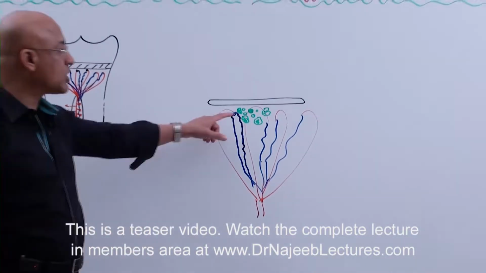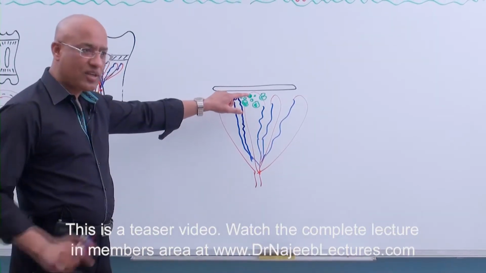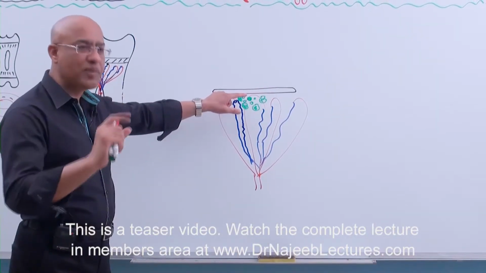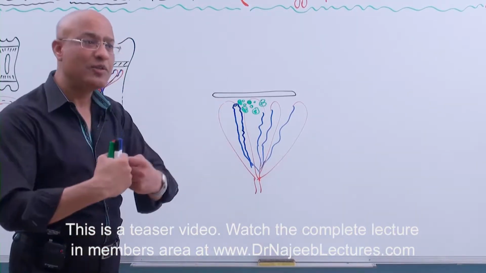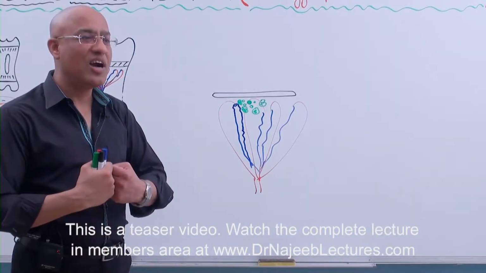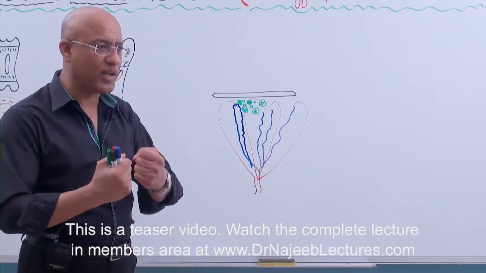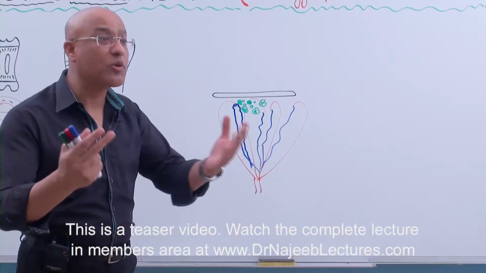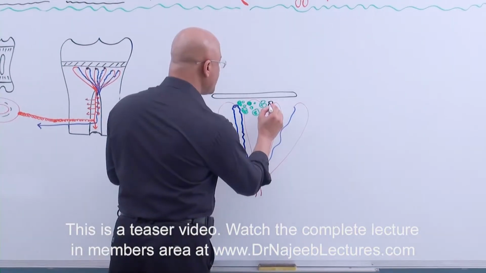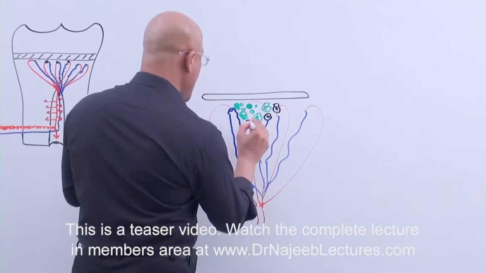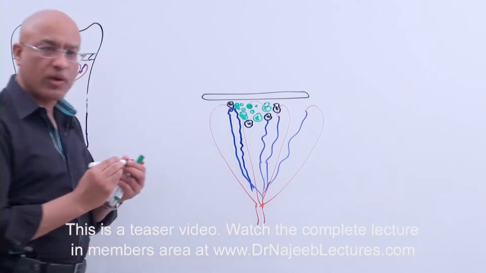There will be protein-rich exudate with alive, dead and dying bacteria, alive, dead and dying neutrophils, and after some hours, neutrophils will start calling macrophages. And after a few days, even lymphocytes will come.